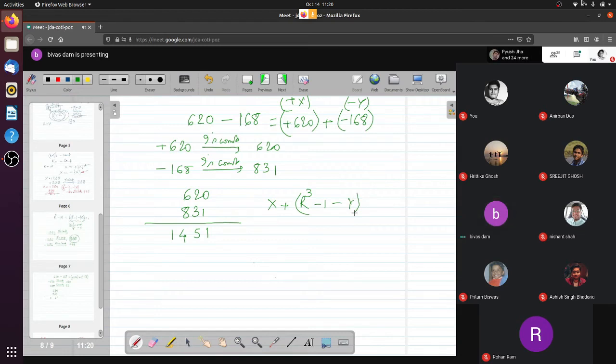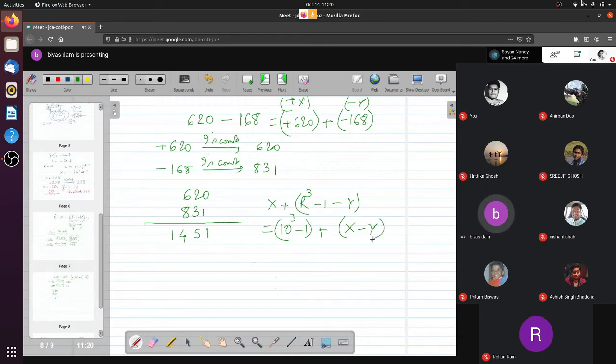Here r is nothing but 10, so 10 to the power 3 minus 1, minus of y, that is x minus y.